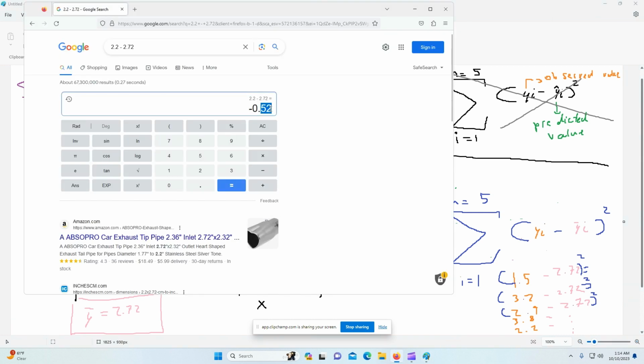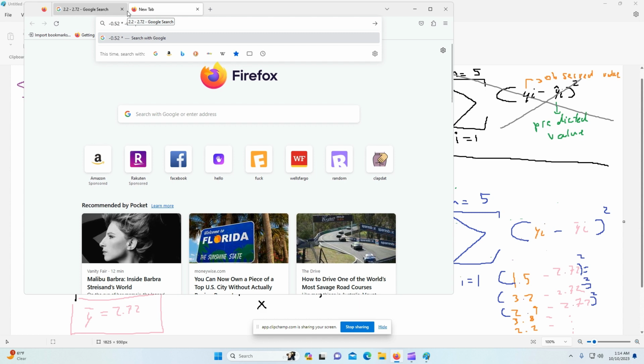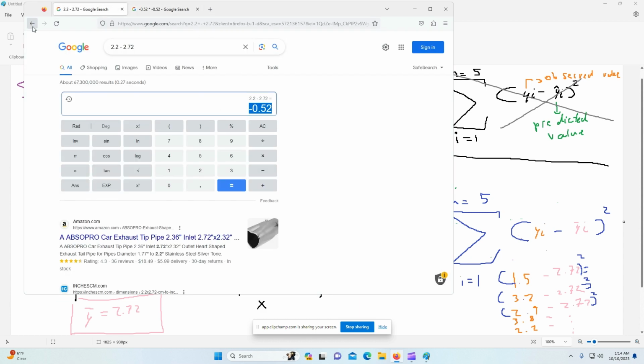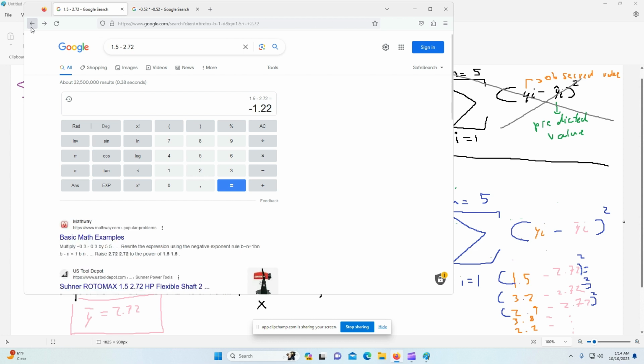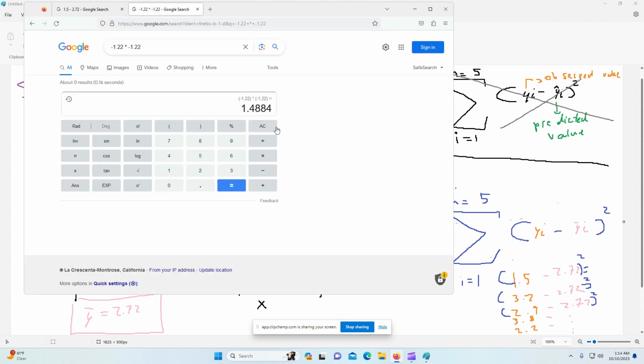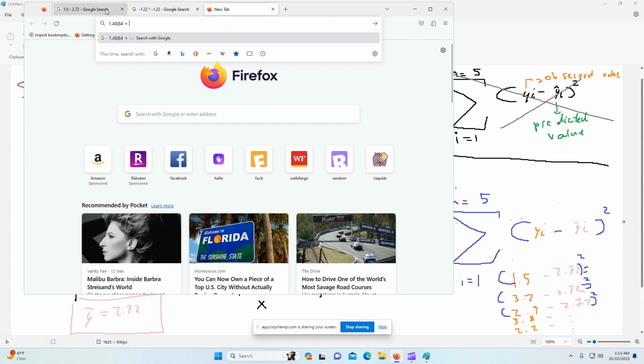So now we take all these numbers and we square them. And obviously when you square a number it becomes a positive, so don't be worried about that. So I'm going to go back on each number, square them, and then I'm going to just add them all up together.